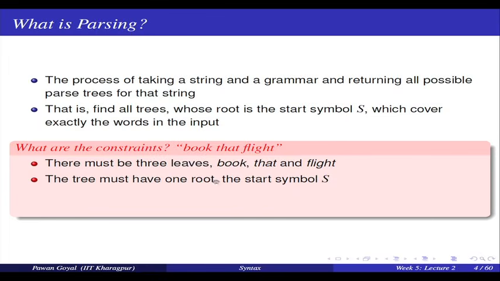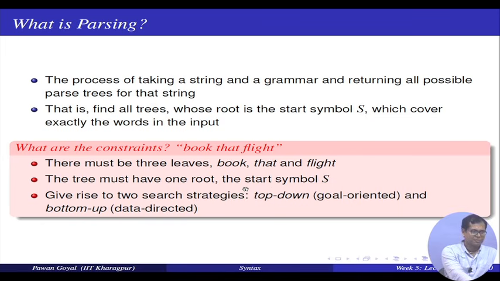And I must start at the start node. Then I have to explore all the possible rules such that I come up with a tree starting with S as the root node and book that flight as the only 3 leaf nodes. So the tree must have one root, the start symbol S, and that tells me that I can explore it in at least 2 different ways.